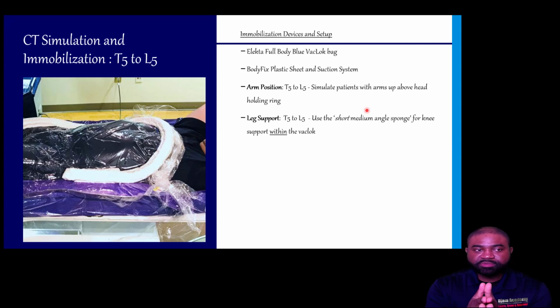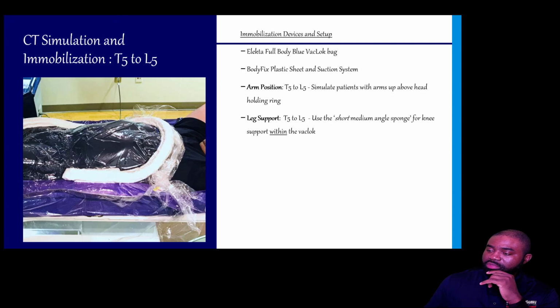Now, for thoracic spine cases, typically from T5 to about L5, we use a full body Vac-Lok bag. We use a plastic shield and a suction system. Typically, the way the blue bag essentially works is that it has really miniature beads inside the bag.